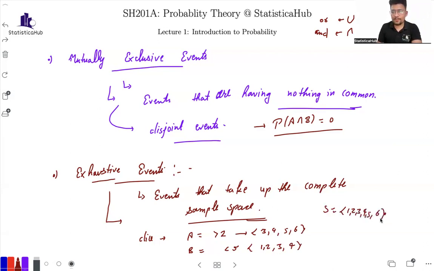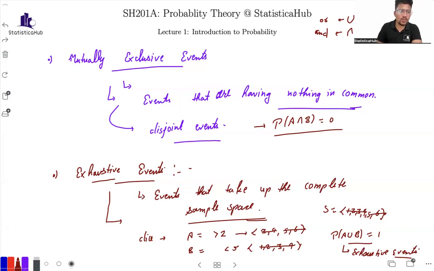So 1, 2, 3, 4 taken up, 3, 4 taken up, 5, 6 taken up. The complete sample space has been taken up, so these two events are exhaustive events. That means if the probability of A union B comes out to be 1, then these are exhaustive events.